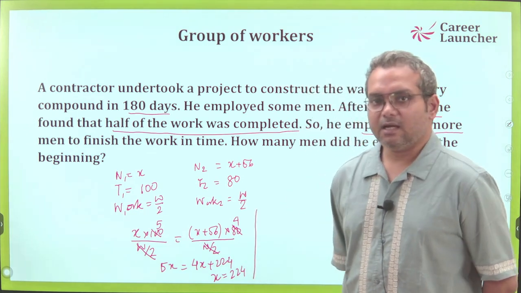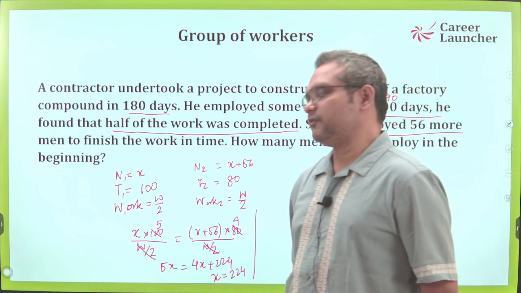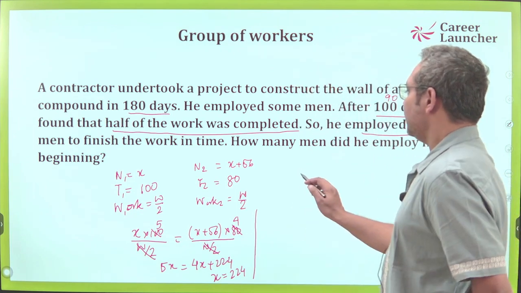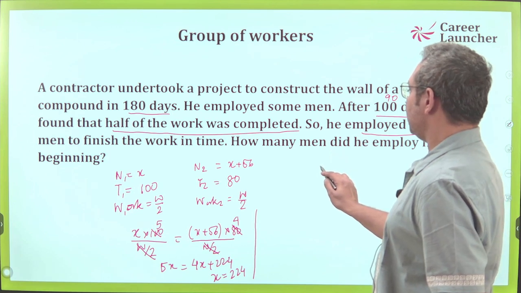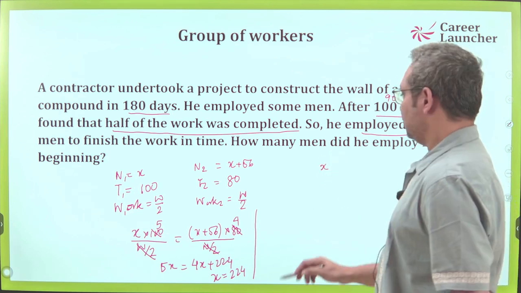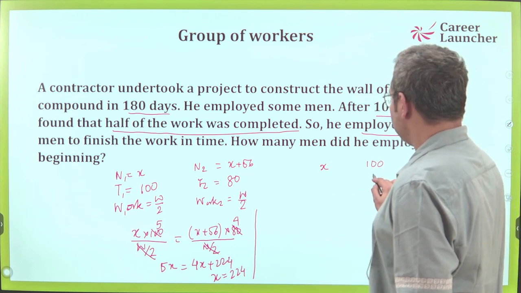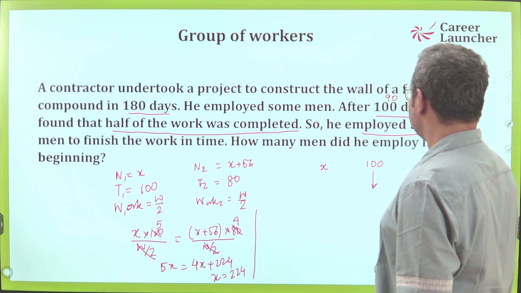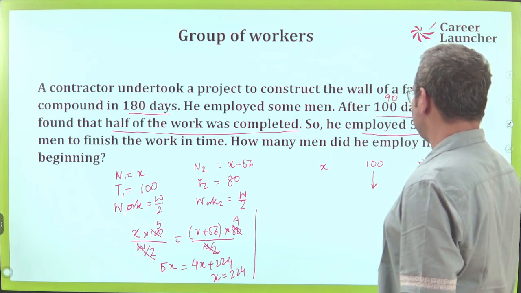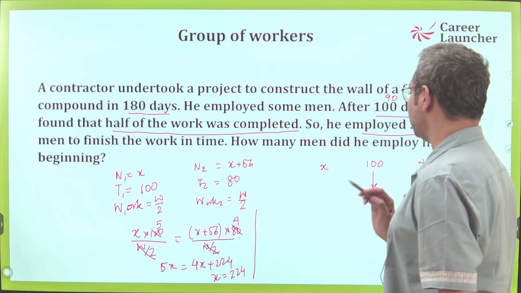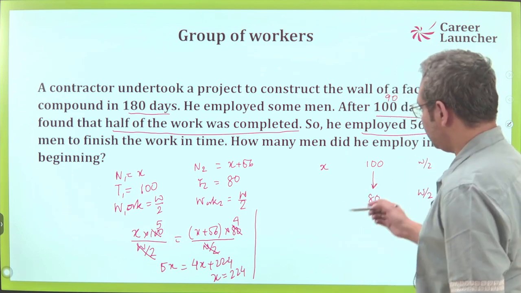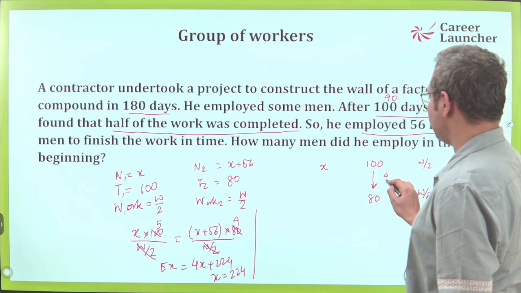You can also think of it in a much simpler version. If you have X people who are going to take 100 days for the work W by 2, now for the same work W by 2 you have available only 80 days. So the time taken clearly has become 4 by 5 times.